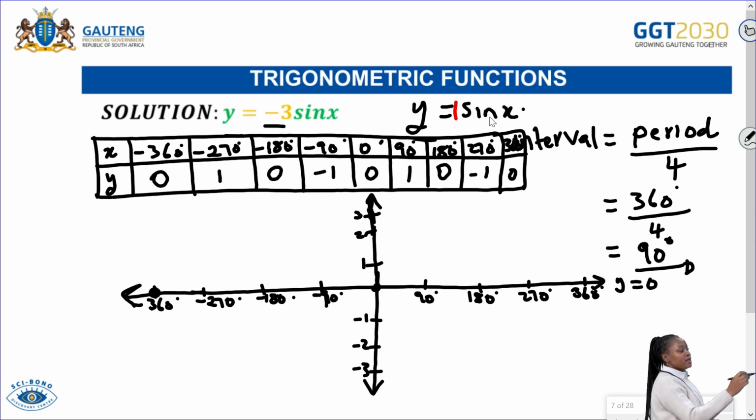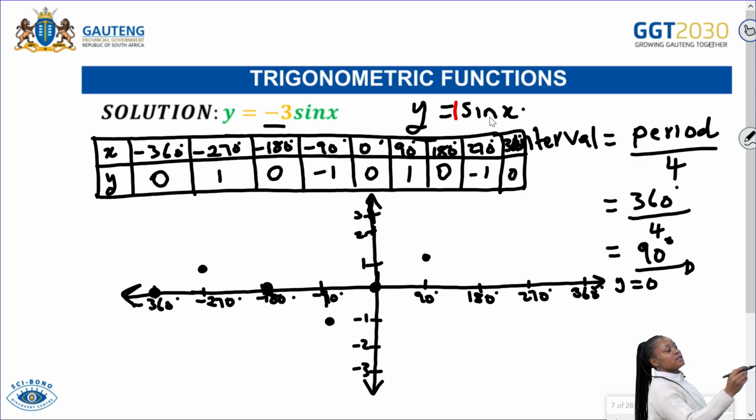At negative 270 degrees, I'll have positive 1, so it's going to be somewhere here. And then at negative 180 degrees, I'll have 0, so it's going to be on top of that line. At negative 90, I'll have negative 1, which is going to be somewhere here. And at 0, I'll have 0 to 0. And then at 90 degrees, I'll have positive 1, which is somewhere there.